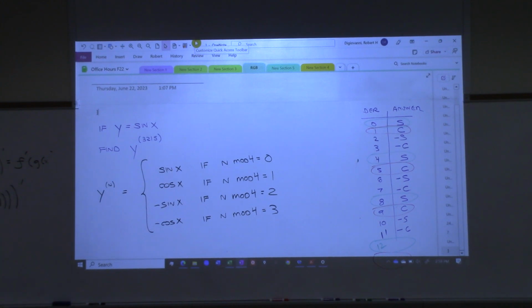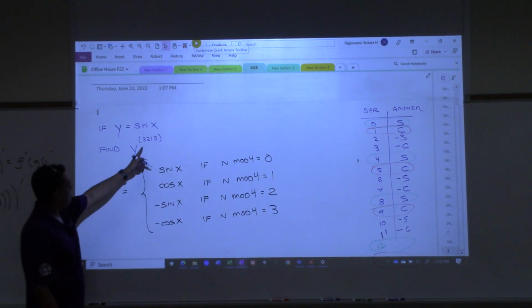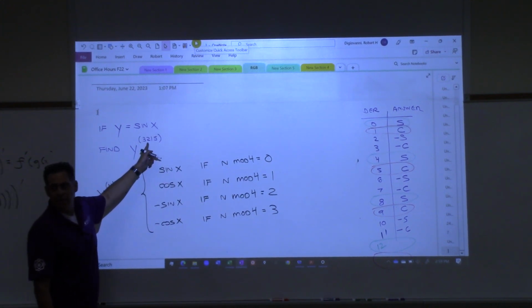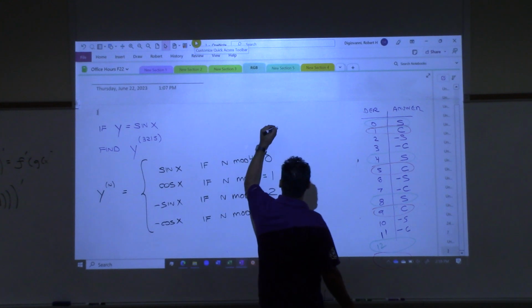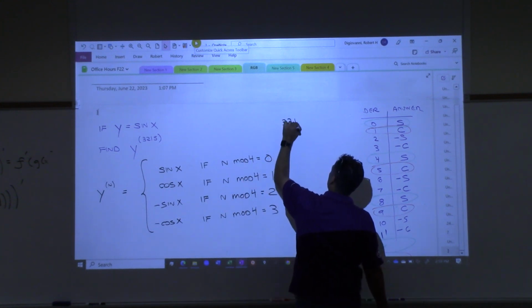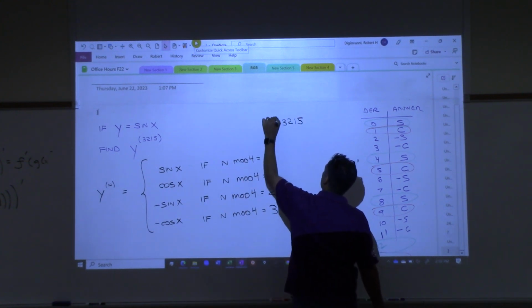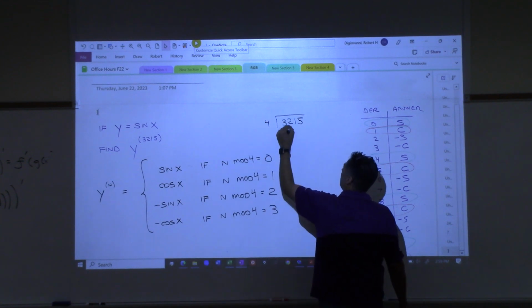So now, can we answer the question? Yes, what are we going to do? Take that number and divide it by 4 and see what our remainder is. I'm going to do it by hand just for fun. Okay, so here I divide this by 4. Let's see. Goes in there 8.